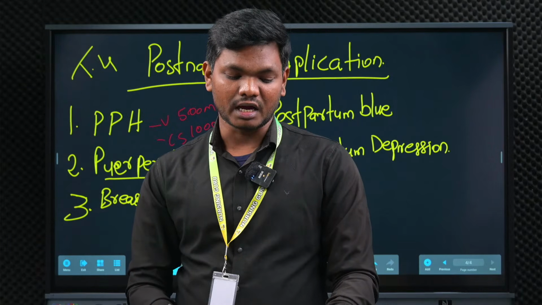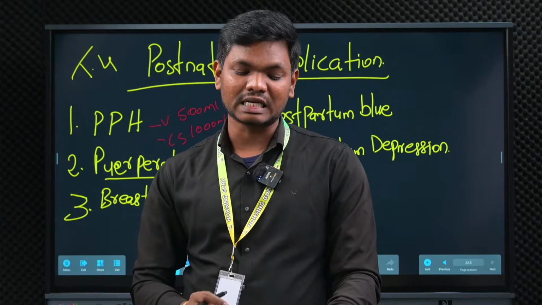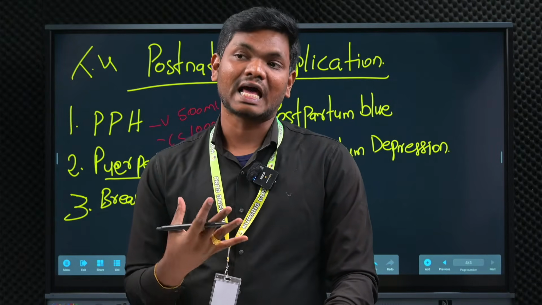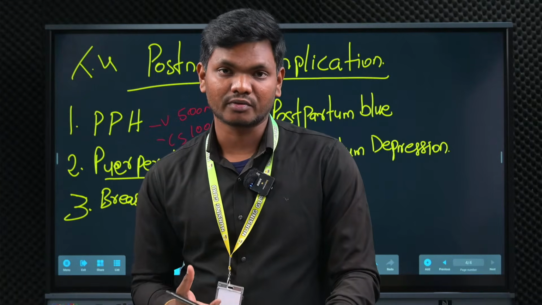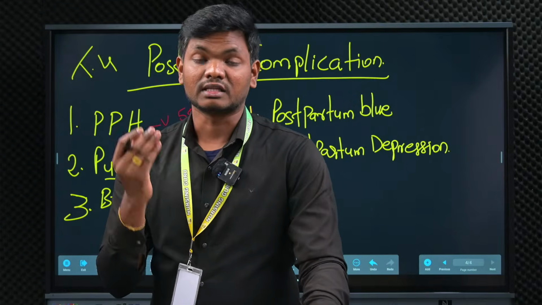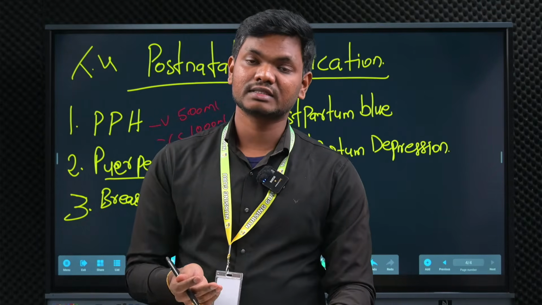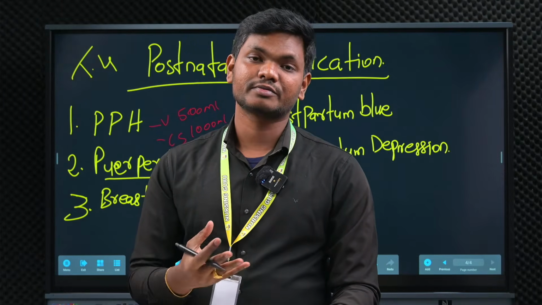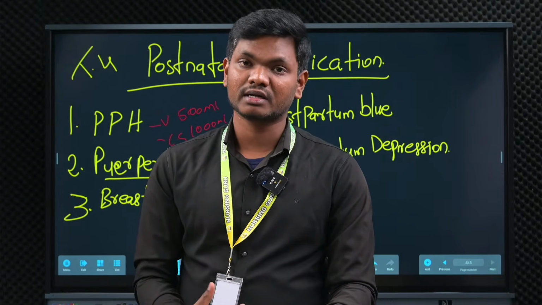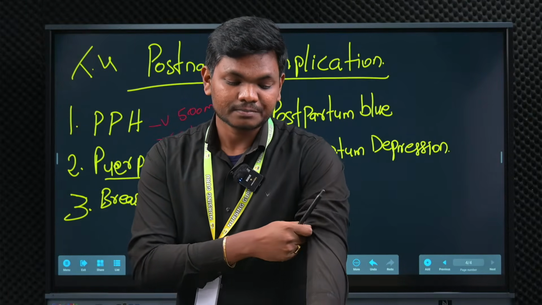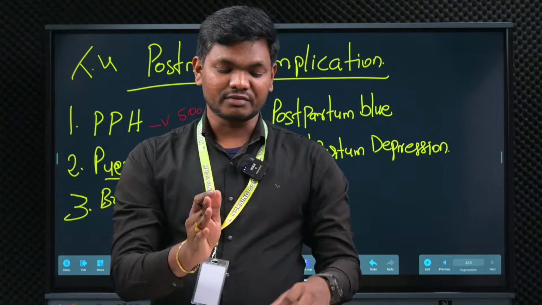The next one is poor attachment, or ineffective sucking. Latching may be poor, or the baby is not able to suck the breast properly, so that may be a cause. The next one is a long gap between feeds.